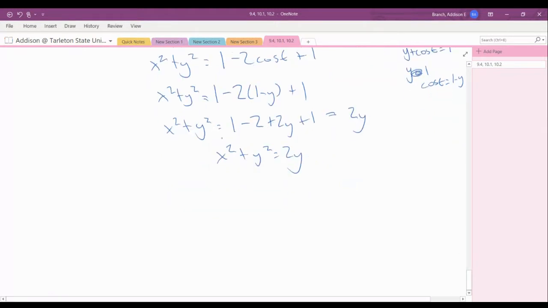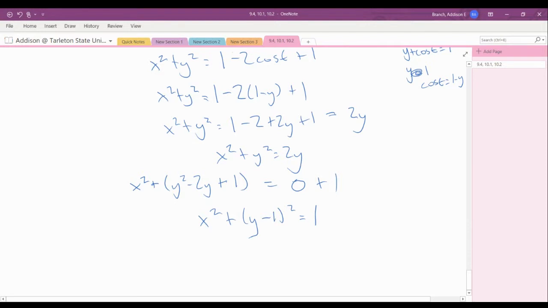And this is looking a little familiar, so we can go one step further, move that 2y over, and complete the square. So we get minus 2y, a plus 1 over here, and a plus 1 over here. x squared plus y minus 1 squared is equal to 1.